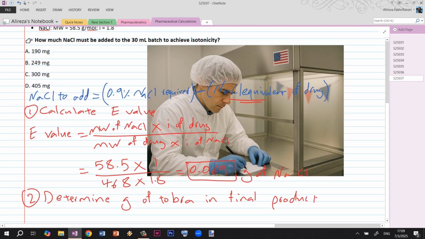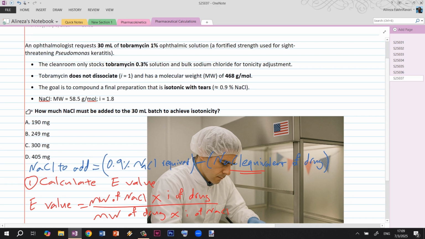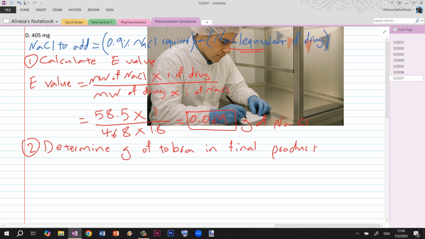Essentially this problem tells you that you want a 1% tobramycin solution. So 1% solution is essentially weight per volume.